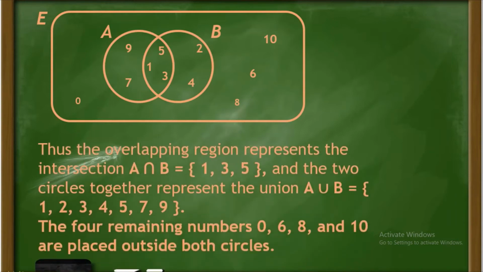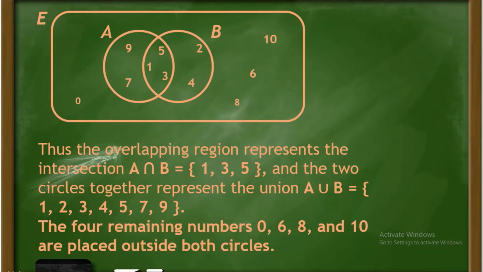Therefore, the overlapping region represents intersection. So, itong mga nag-overlap dito na number 1, 3, and 5, that is A intersection B. And the two circles together represent the union. So, itong dalawang circle dito na nag-overlap, ang tawag siya is A union B, that is equal to element 1, element 2, element 3, element 4, element 5, element 7, and element 9.